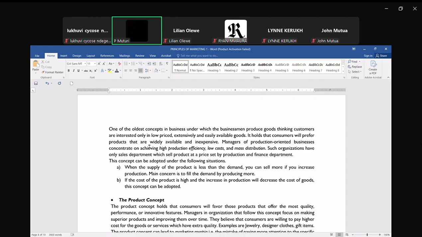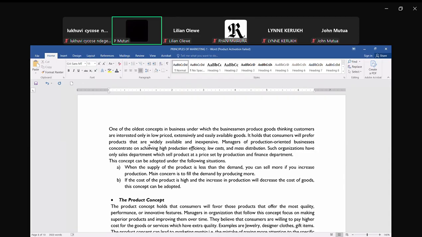So this can still be adopted within organizations today, but the way to look at it is that companies tend to combine all these orientations, but heavily rely on maybe one. This is applicable especially when the supply of the product is less than the demand. That's why I mentioned basic products that are in high demand, where you can sell more if you increase production.